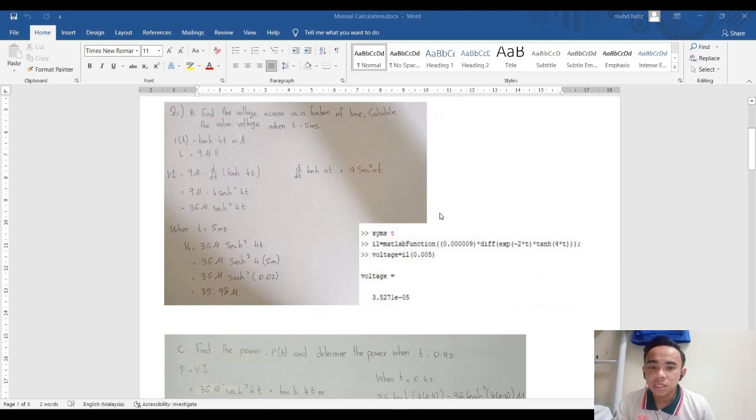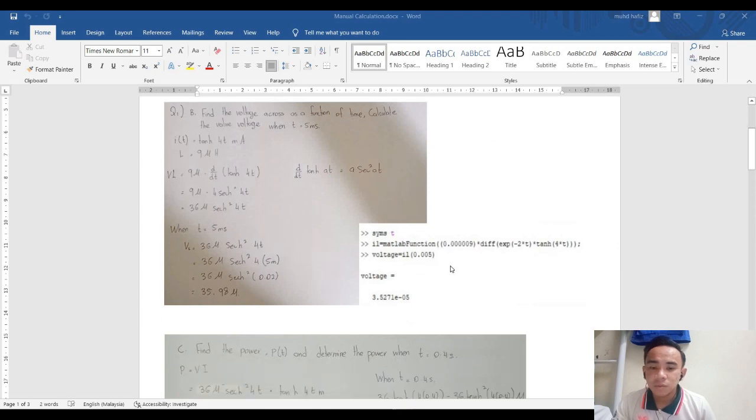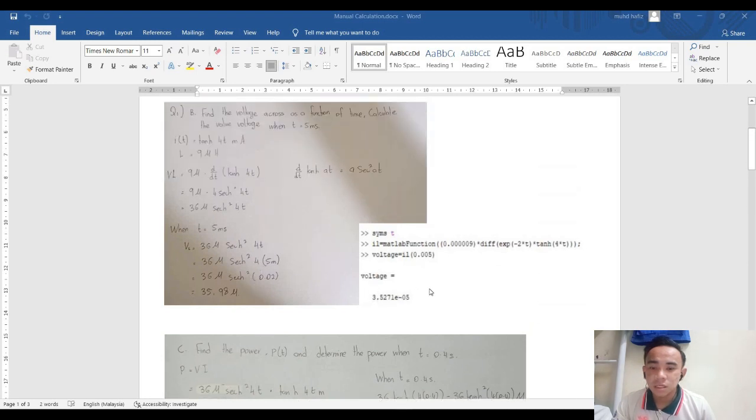We can see that we get the same answer as the MATLAB solution.